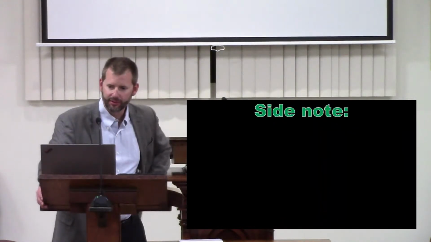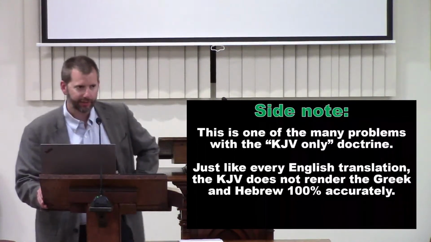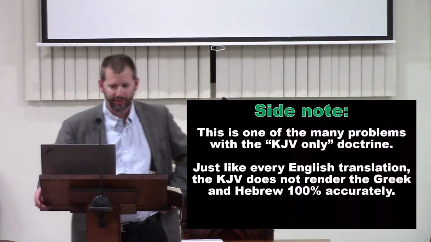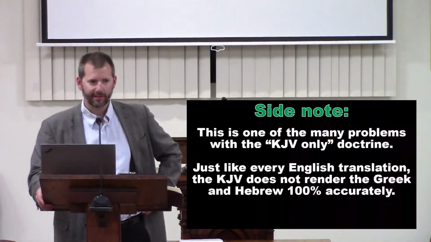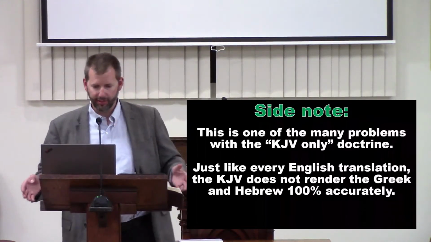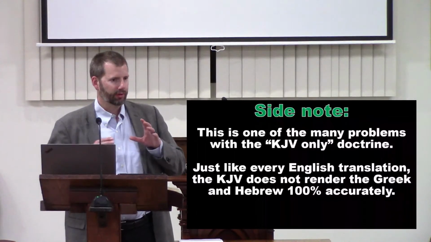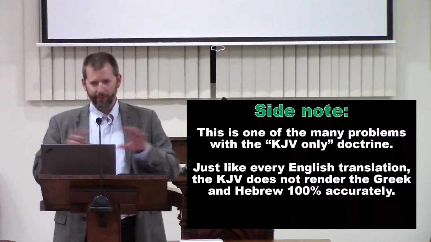Now, as a side note, this is one of the many problems with the KJV-only doctrine. Just like every English translation, the KJV does not render the Greek and Hebrew 100% accurately. If you're not familiar with that, there are people who believe that the only Bible you can use and be okay with God is the King James. There are a lot of reasons they believe this.